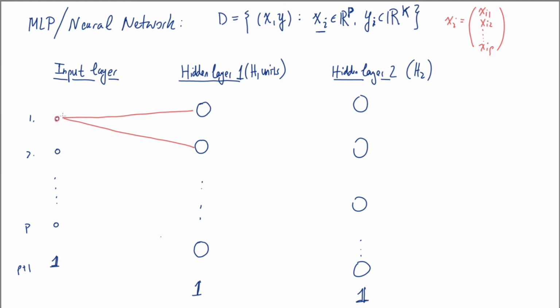The first input side takes the first element of the feature vector, so xi1. And basically what we have is a connection, and the weight of the connection is labeled. I'm going to use this labeling.